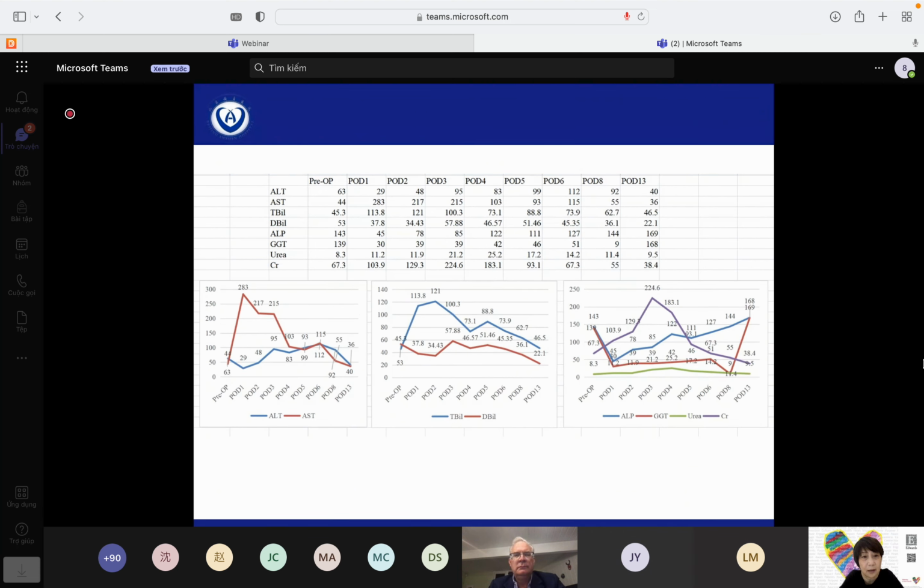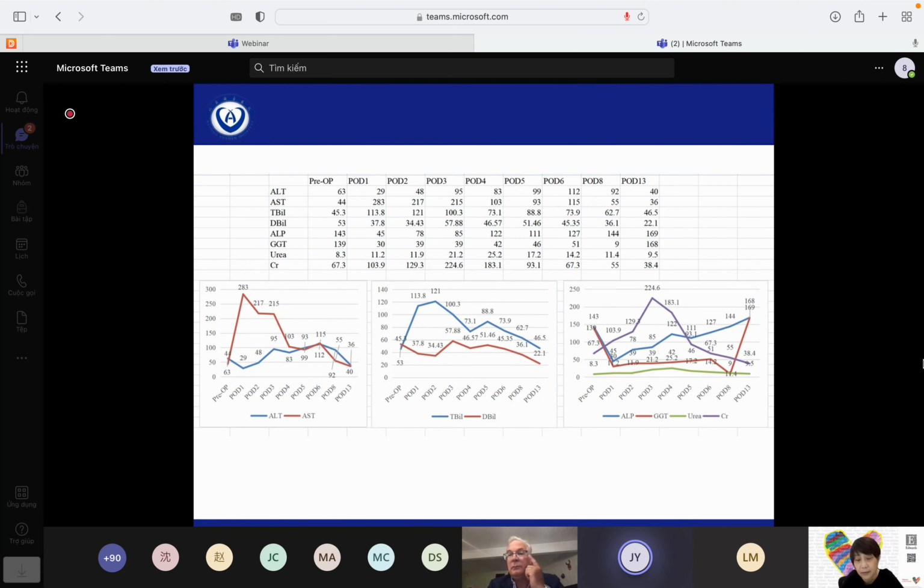These are the liver functional tests and renal functional tests for her.